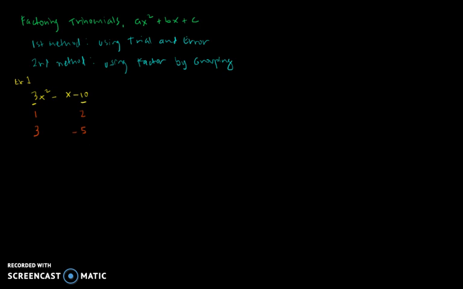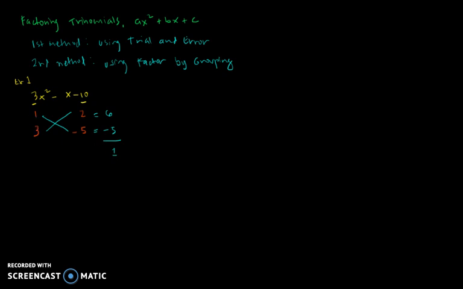Then I'm going to cross multiply them. So 1 times negative 5 is negative 5, then 3 times 2 is 6. Next I'm going to add these two. So 6 minus 5 results to 1.